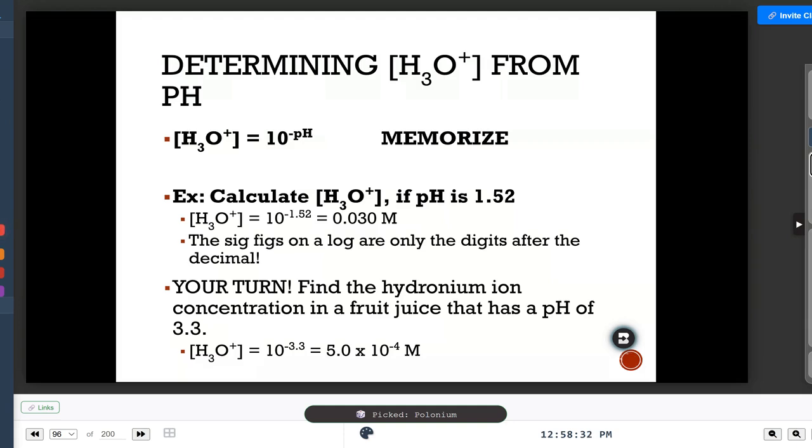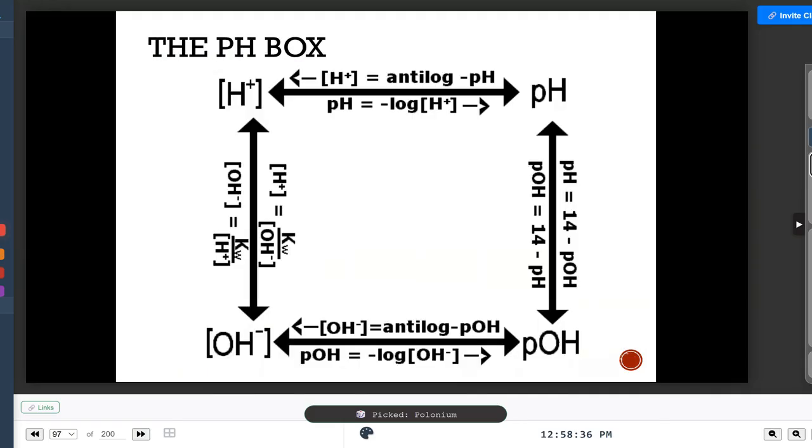Okay. Now we can take this and extrapolate it into a giant box of information. I want to copy this down if you like it, but I want to show you that you can go from one type of value to another pretty easily.